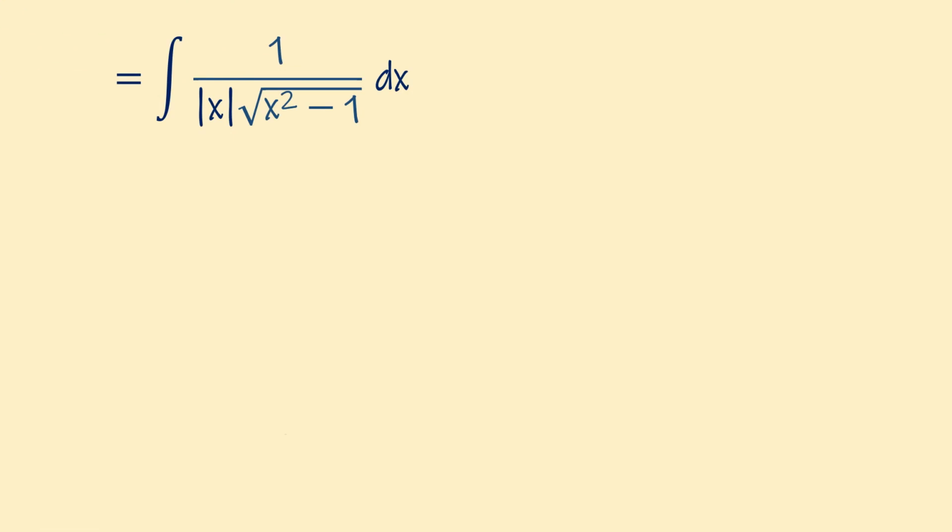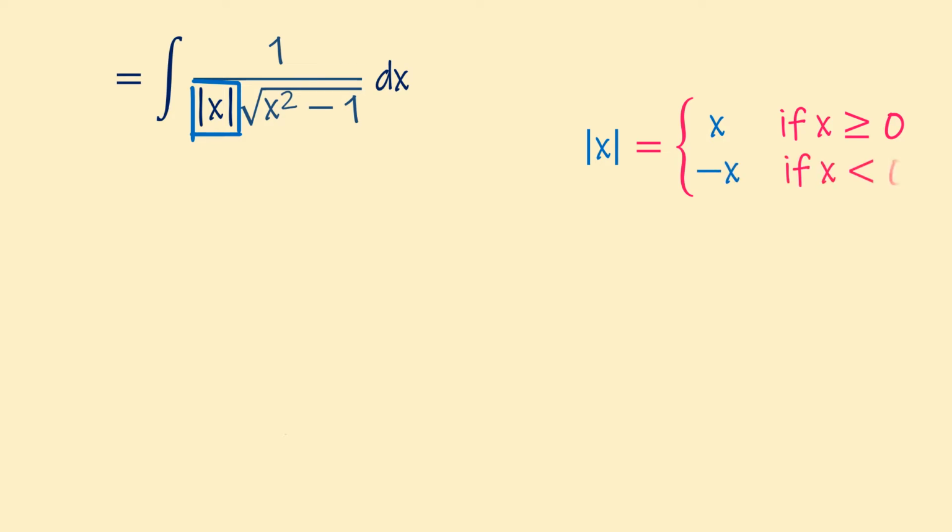Because of the factor the absolute value of x, which is defined as x if x is greater than or equal to 0, negative x if x is less than 0, the integral now consists of two cases.